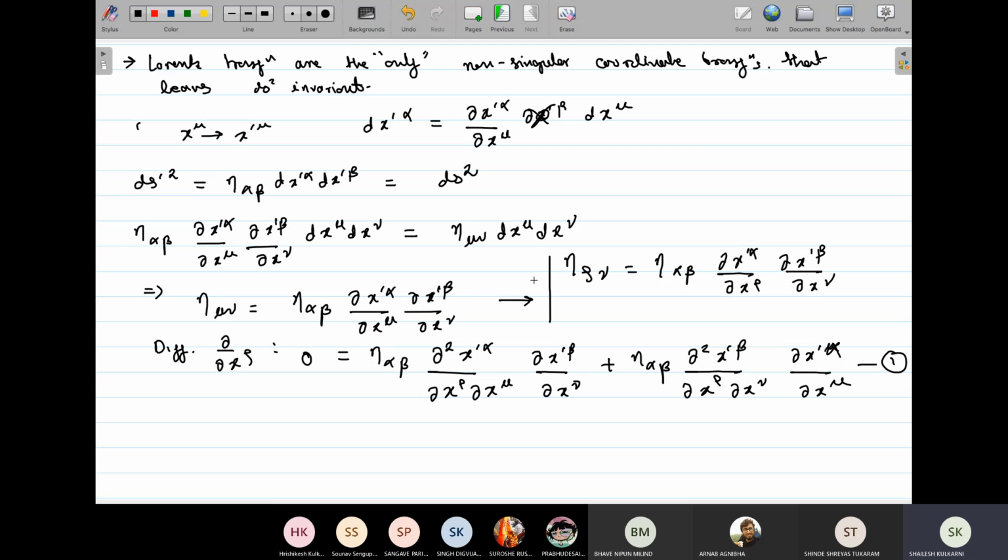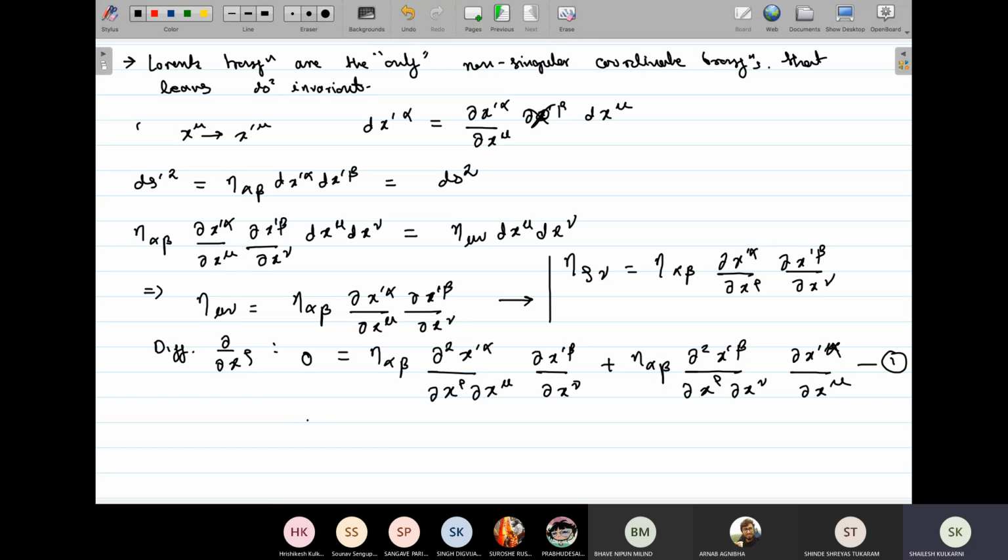There is no difference between this and this. Instead of writing mu here, I am writing rho. And now I will differentiate this with del x mu. I will get a similar equation with rho and mu interchanged. Correct? No other difference.